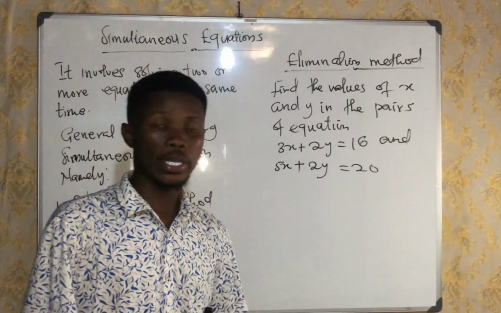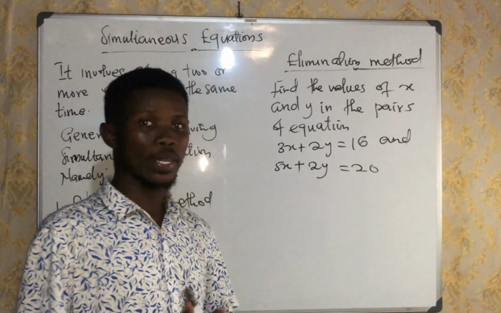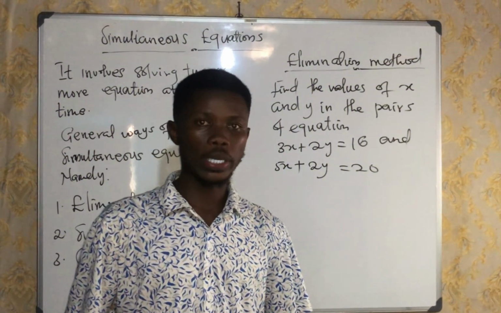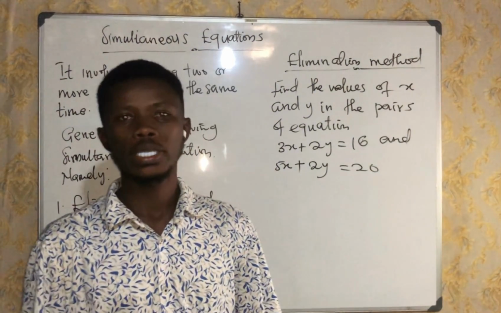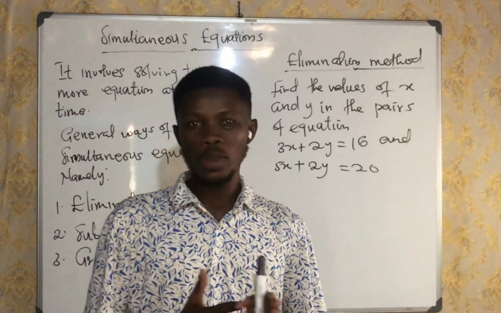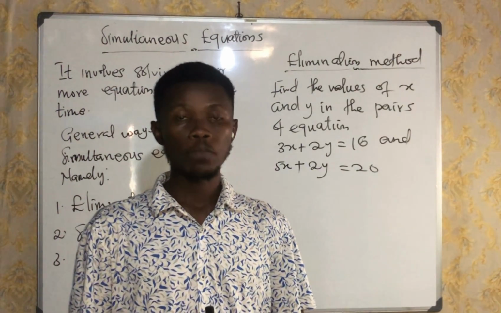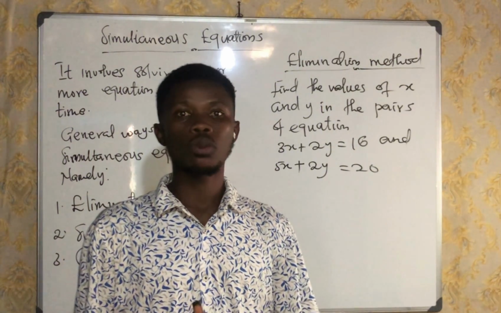But before we look at an example, we want to start with the elimination method first. When you say elimination method, once you hear you are trying to eliminate something, that means you want to take off that something, or remove that thing from there.